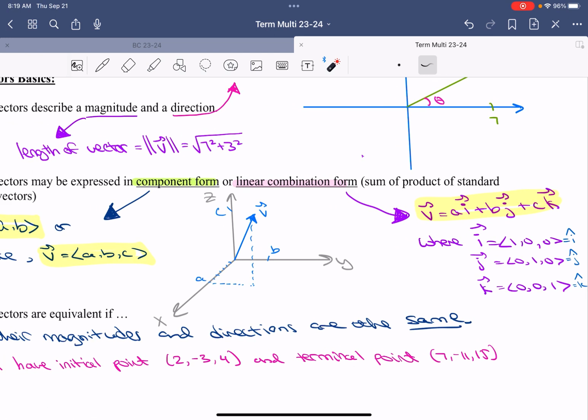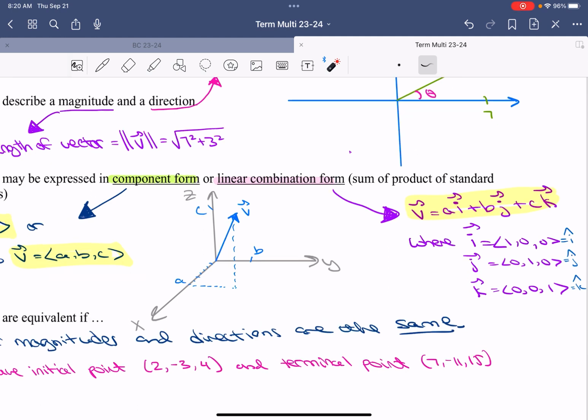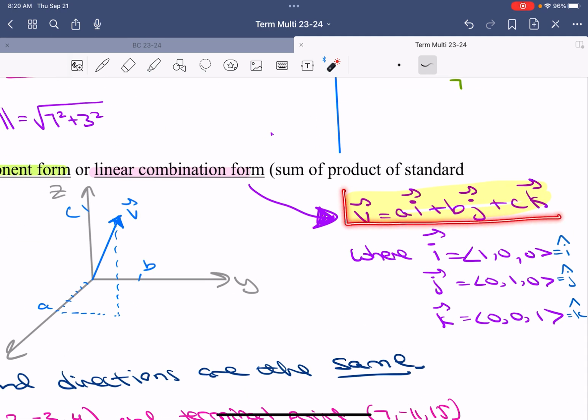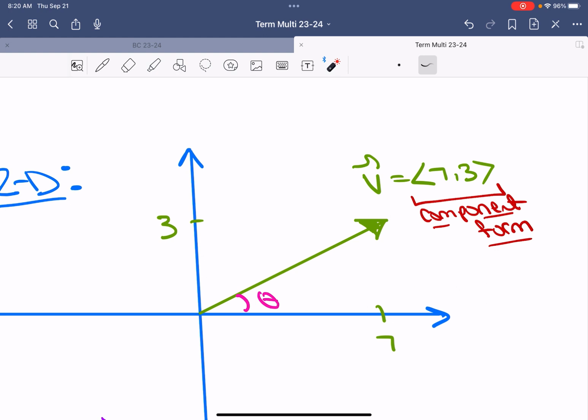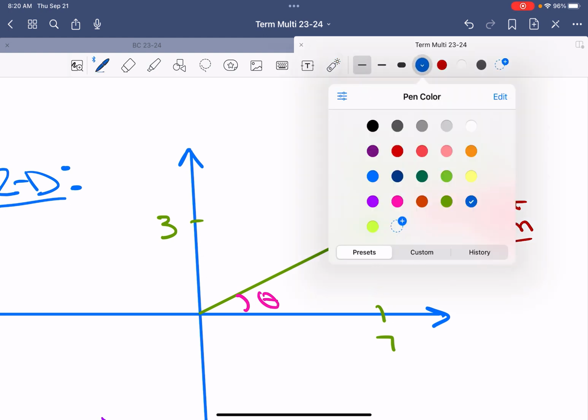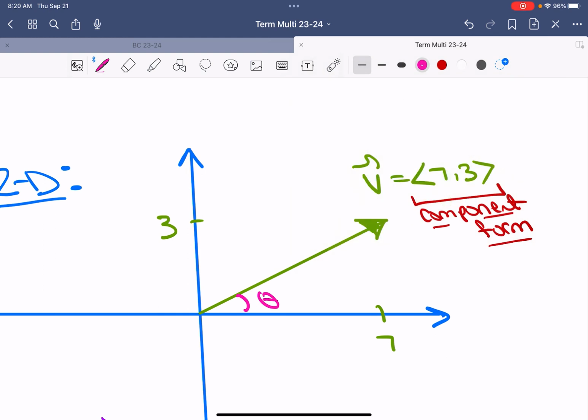Well, if you see a vector v as a, comma, b, comma, c, if I write that vector in linear combination form, it looks like ai plus bj plus ck. In 2 space, if I want to express vector v in linear combination form, obviously in 2 space there's not going to be a vector k.